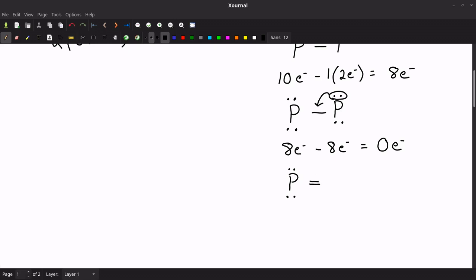I'm now going to have a double bond there. This one now only has 1 lone pair left over. Let's do our count again. From this one's perspective, he has 1, 2, 3, 4, 5, 6. Still 2 short. From this one's perspective, he has 1, 2, 3, 4, 5, 6, 7, 8.